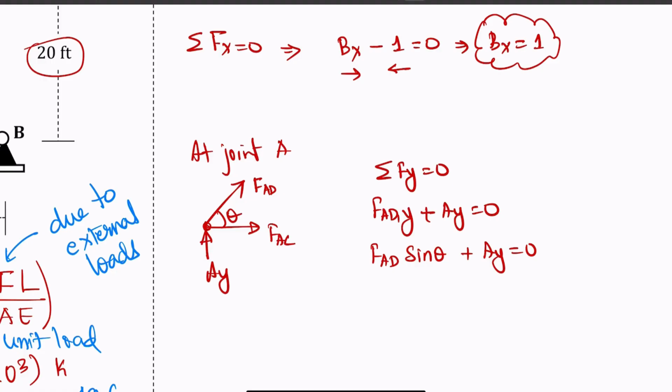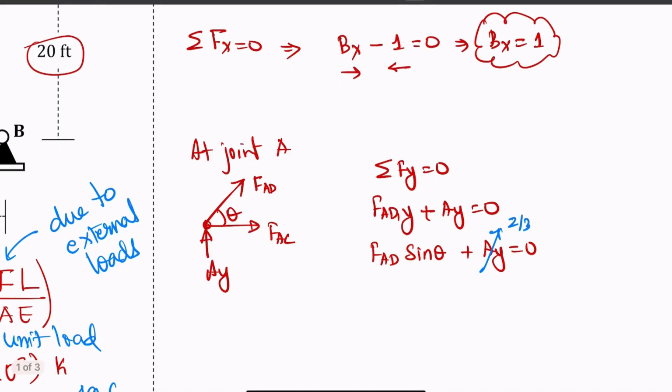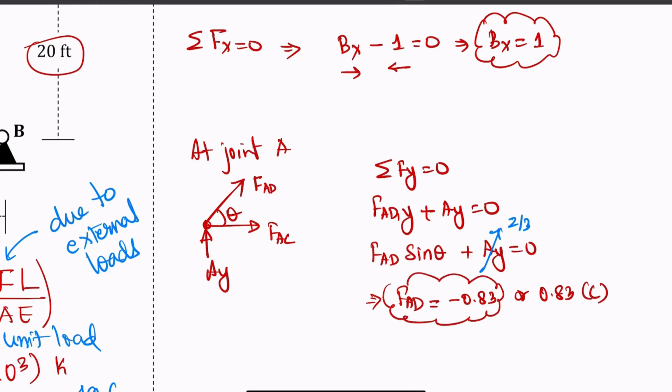And we already have Ay, which is 2 over 3. So if we do the calculation, you'll find that FAD will be equal to minus 0.83, or 0.83 compression. But for this case, we don't have to worry whether it's compression or tension. All we need is the sign and the magnitude of the force.